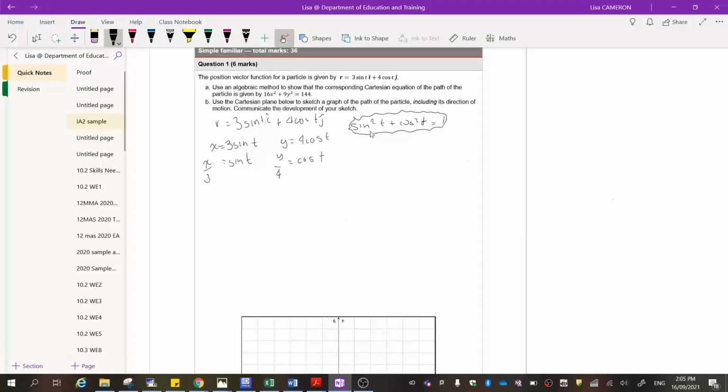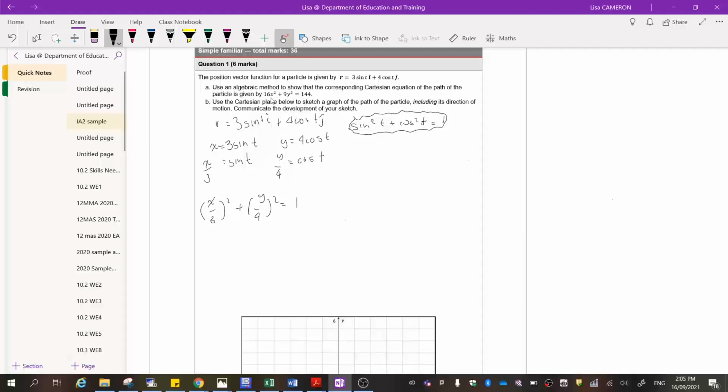Now, here we have a sin t and we have a cos t, so we can apply these two models to this larger model. If we go x over 3, that'll be sin t, but it's squared, so we can square it, plus y over 4 squared, which is cos squared t, is equal to 1. All right, perfect.